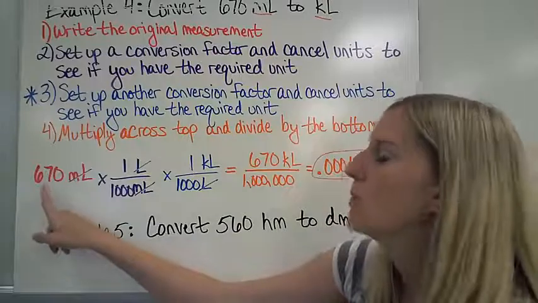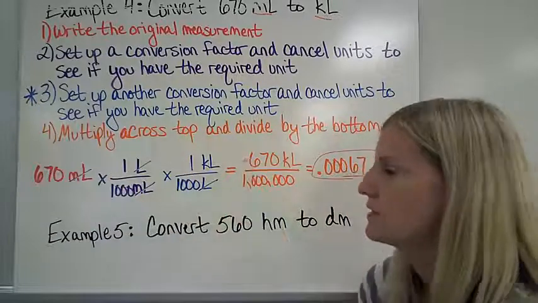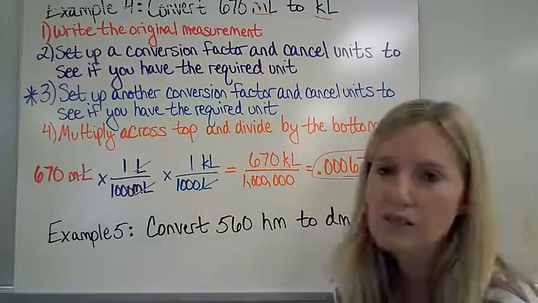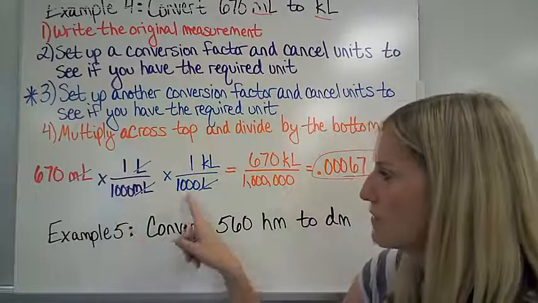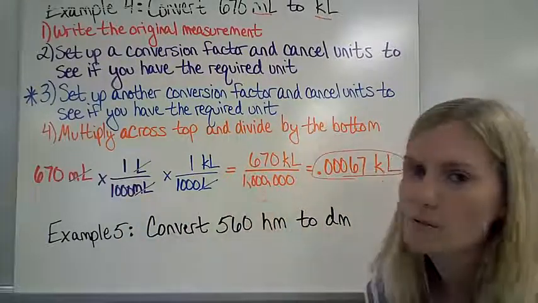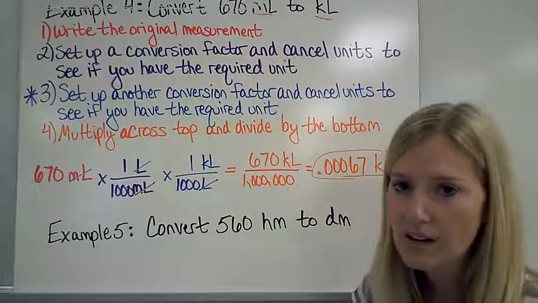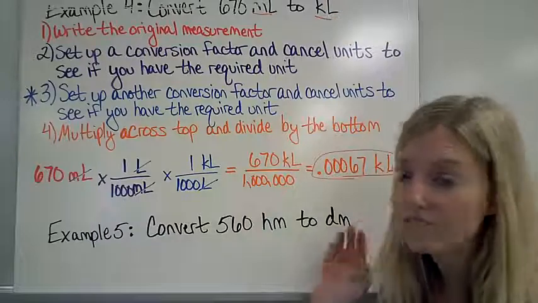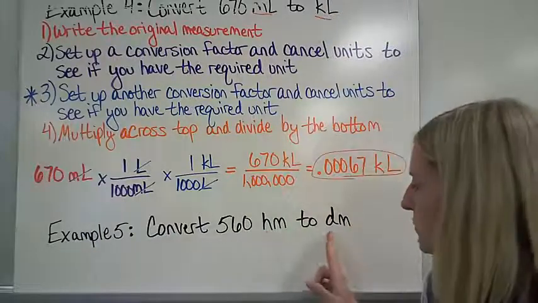So I'm going to multiply across the top. 670 times 1 times 1 gives me 670 kiloliters, because that's the only unit left. Divide by the bottom. 1,000 times 1,000 is 1 million. So 670 divided by 1 million gives me 0.0067 kiloliters.